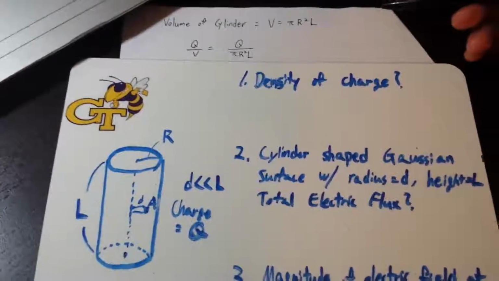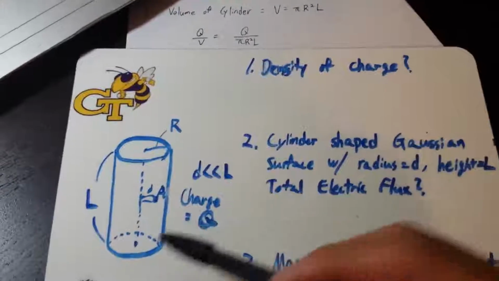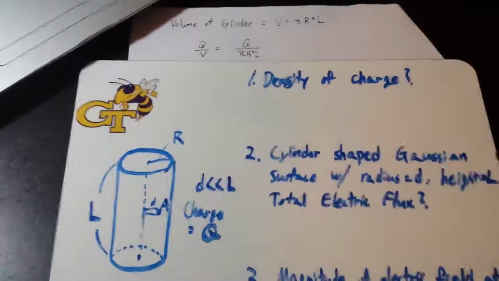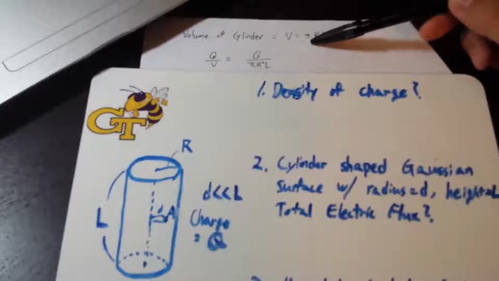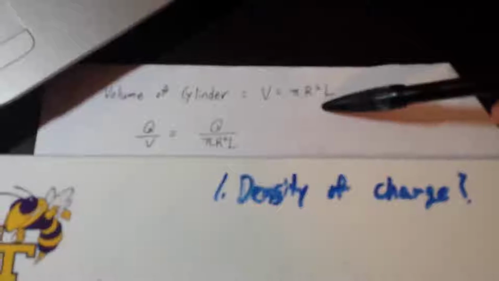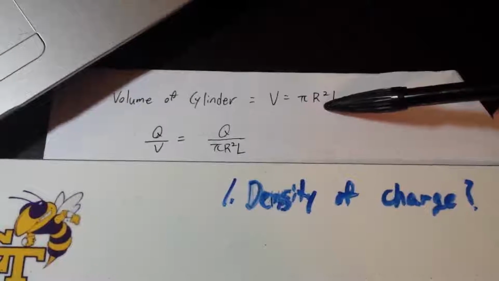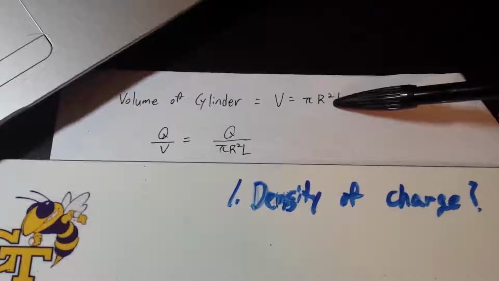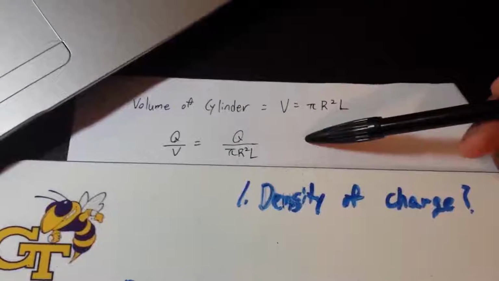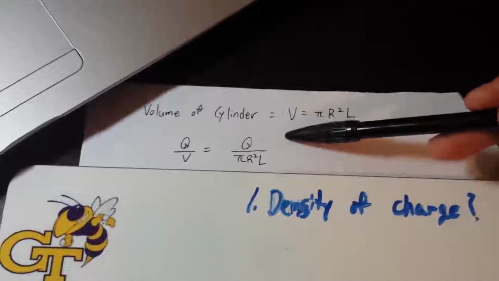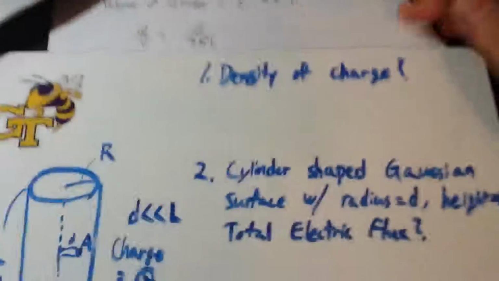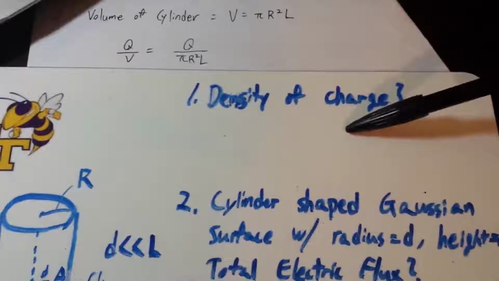We can find the volume of the cylinder by multiplying the area of the base times the height of the cylinder, which is L. So the volume equals pi r squared times L. The next step is dividing the charge Q, the total charge, by the volume, which is pi r squared times L. So the density is Q over pi r squared L, and that answers the first part of the question.